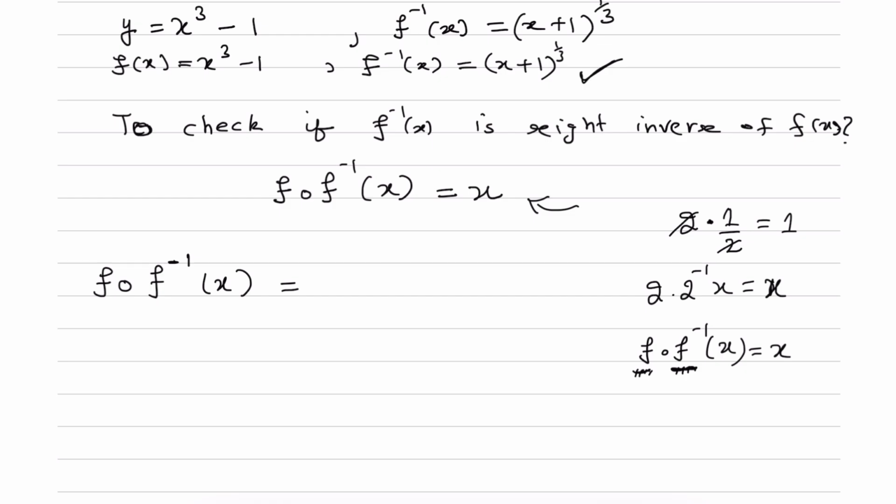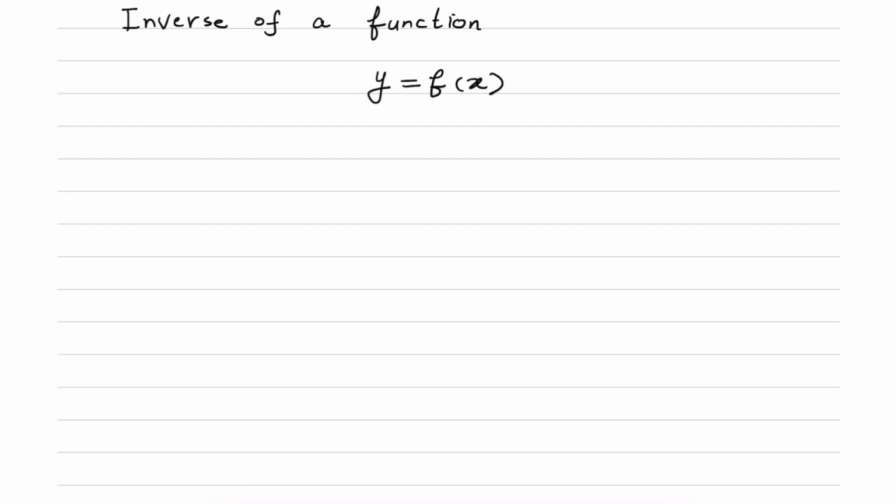We did the composition in one of the previous videos. So composition is opened like this. Dot is changed into parentheses. Then the inside function first, which is f inverse x, which is x plus 1 to power 1 by 3. And then we write down the outside function.